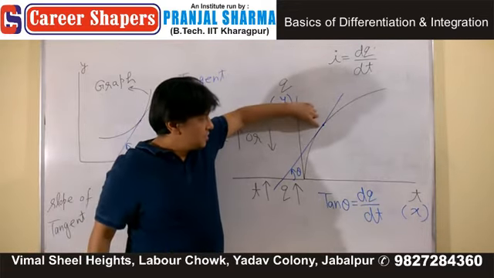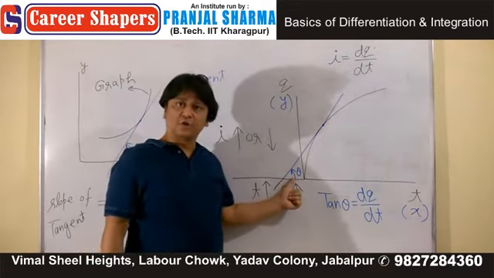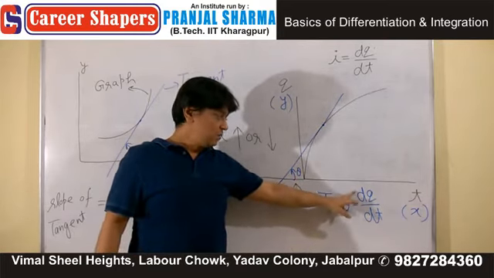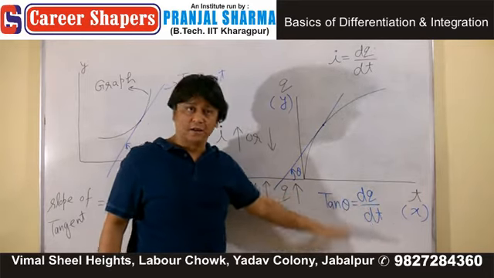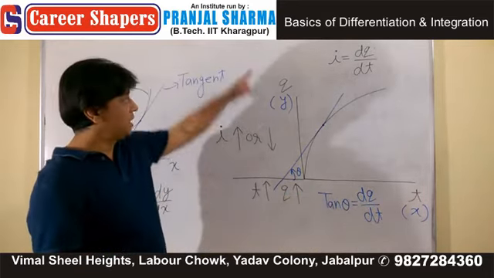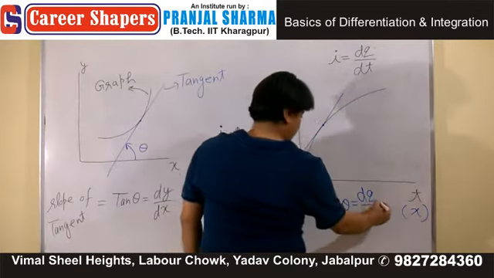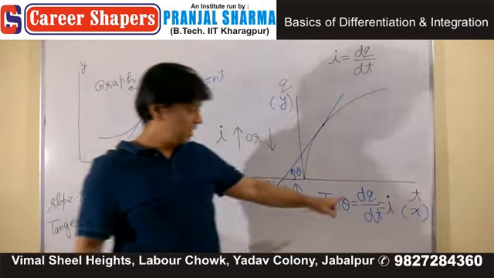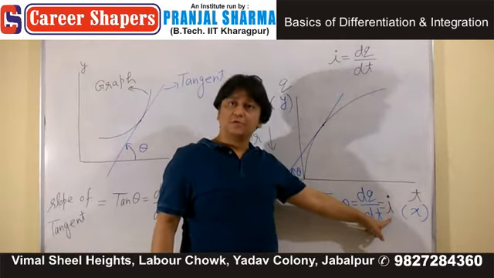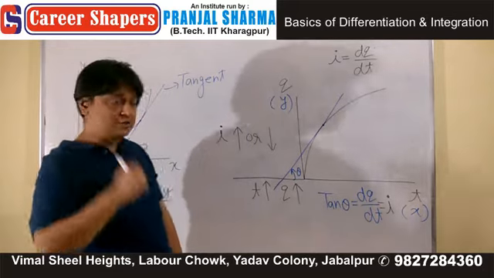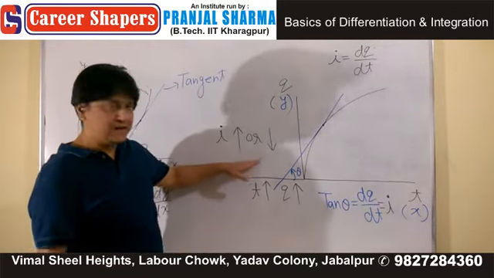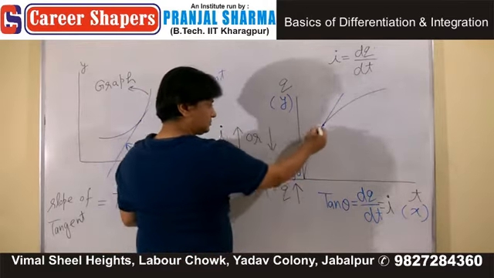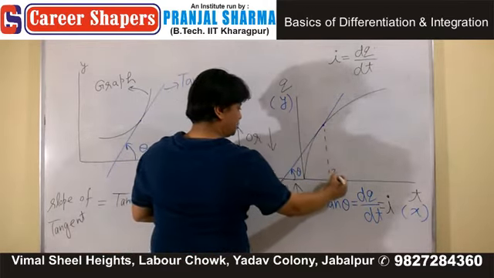So at any point, if you draw a tangent and find tan of theta, this is called the slope of the tangent, it will be dq by dt. Now what is dq by dt? I. So we have basically found the value of electric current I, which is tan theta. Now ask yourself what is happening as t increases. As t increases means, let's say this is 2 seconds.